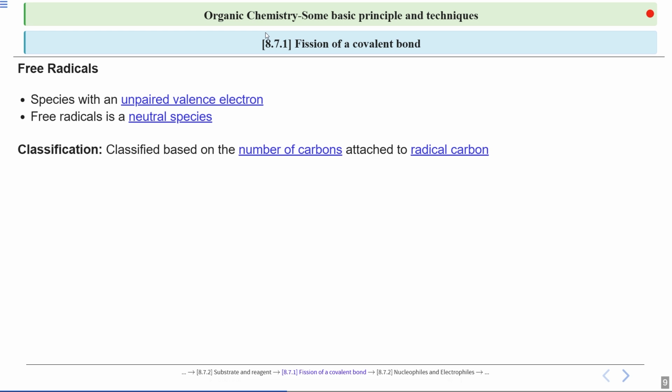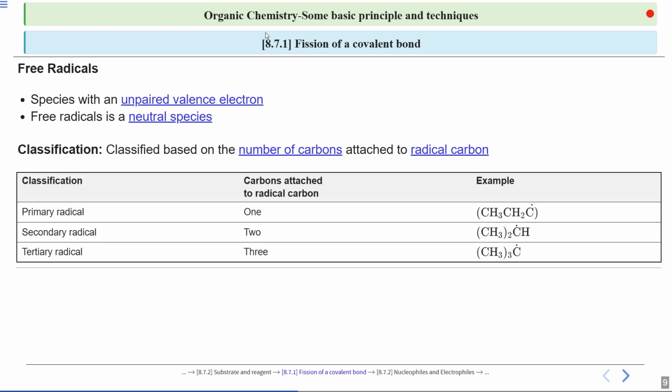Now your radical can be further classified on the basis of carbon atoms attached to the radical carbon. For example, if I talk about three types, the first one is the primary radical, where your carbon is attached only to one other species. You can see here the carbon is attached to CH2 and CH3 only.